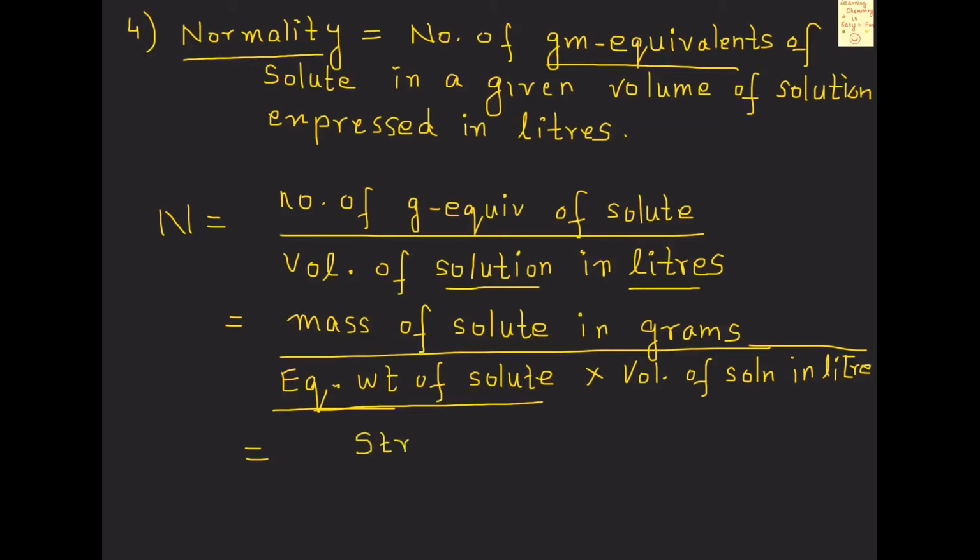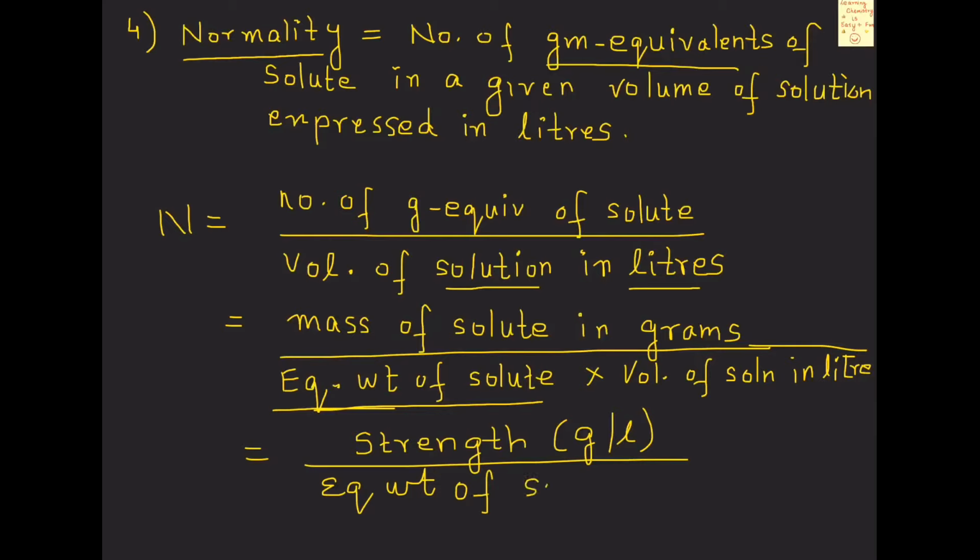It was called the strength of the solution in gram per liter, divided by the equivalent weight of solute. Right? So you've got 3 formulas in place. If you understand the basics, you can do with even one formula. In fact, you don't need the formulas at all. But if you are one who is more comfortable with formulas, you can note all 3 of them down or just one of them down and know how to derive the others.